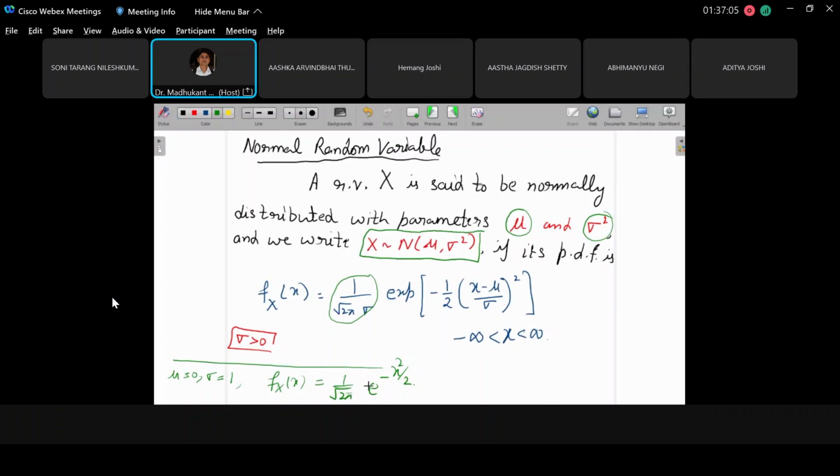Now if you integrate e to the power minus x square by 2, the analytical expression is not possible. This integration cannot be solved analytically, so certainly you require approximation.